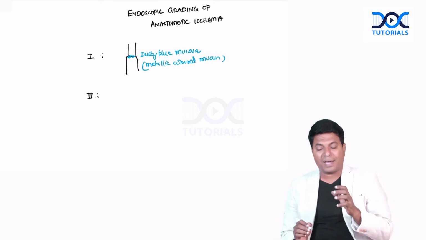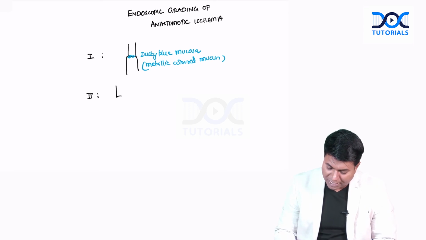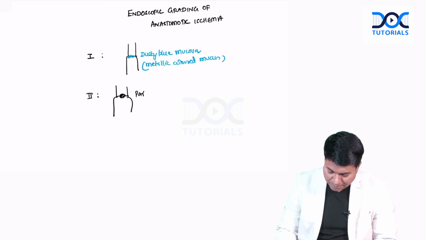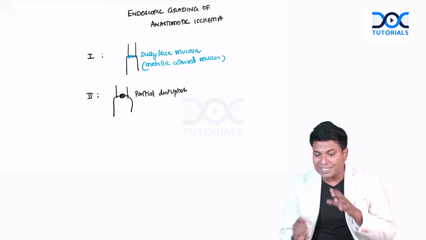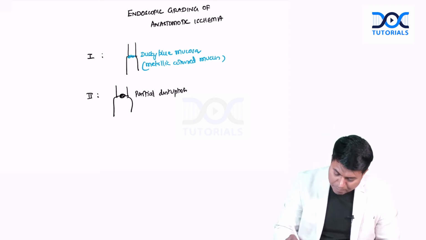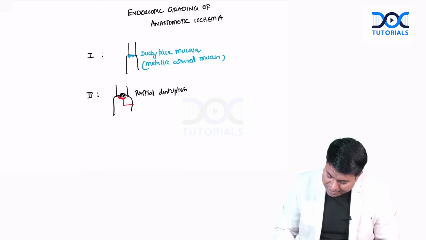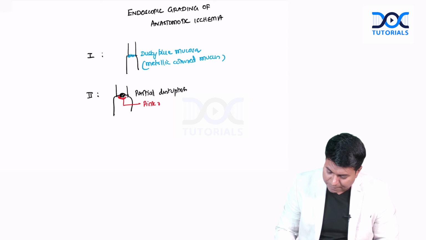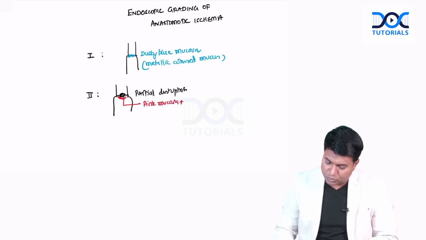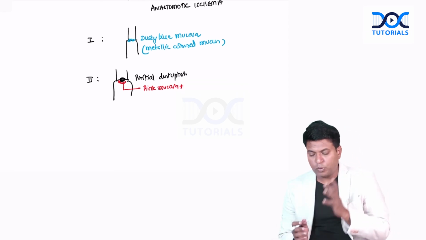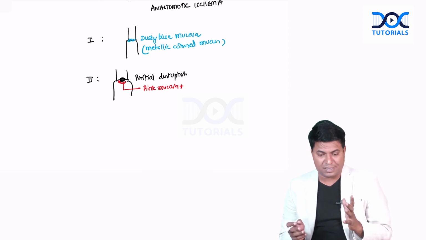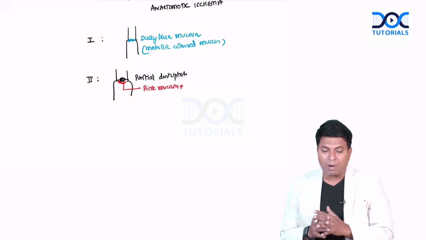Partial anastomotic disruption is grade 2. For example, this is the anastomosis, there is a partial disruption seen, but there is pink mucosa seen. So first one, blue mucosa with mucus discharge present. Here, pink mucosal margins are there.